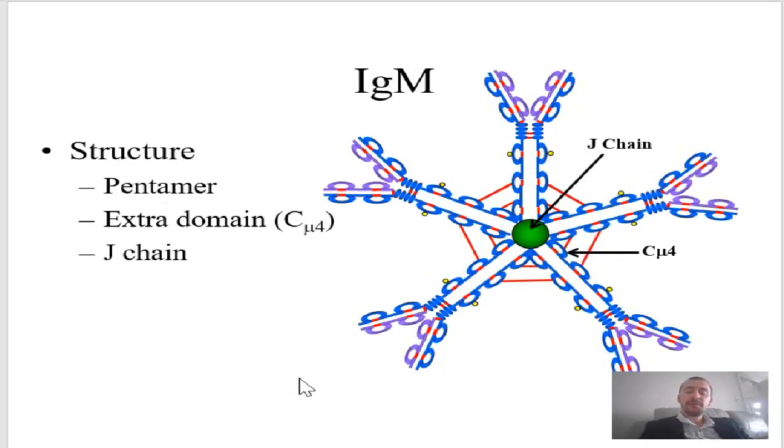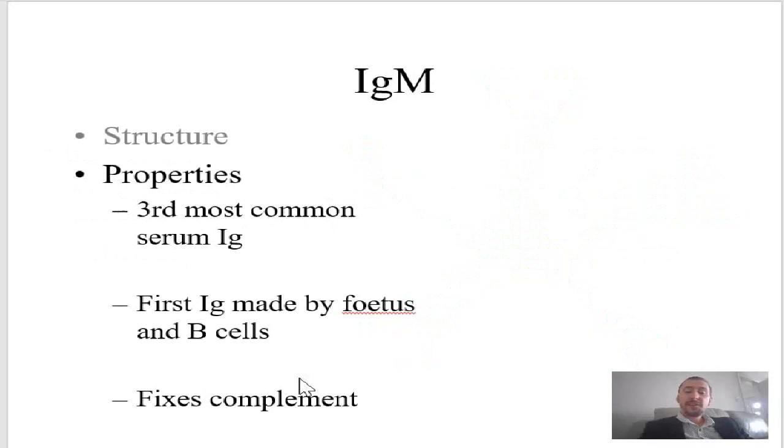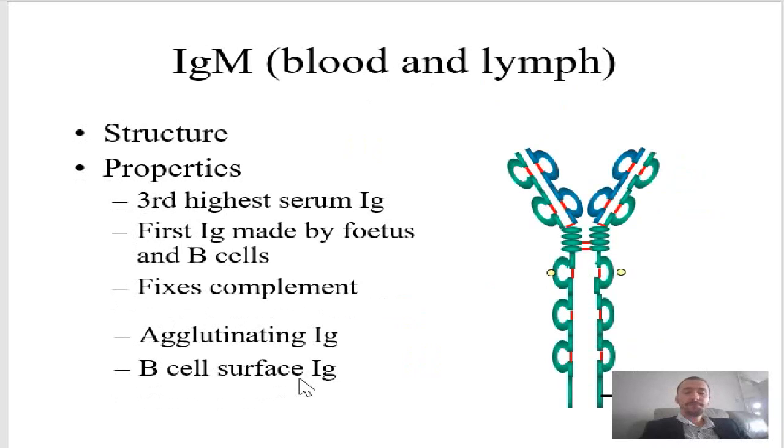Now IgM, as we know, is a pentameric structure, so we have five antibody monomers attached together using a J chain. Be mindful as well that it has 4 constant regions. It's the third most common serum immunoglobulin, and it's the first immunoglobulin to be made by the fetus and B cells. Of course, it does fix complement.